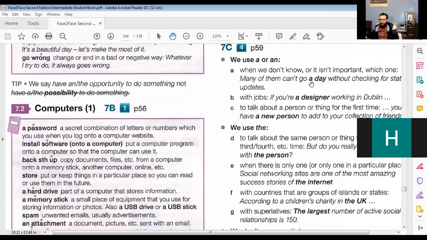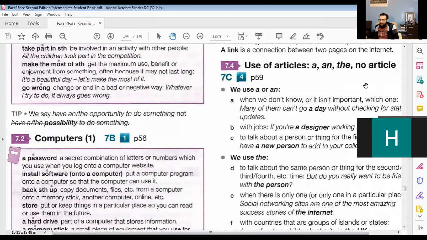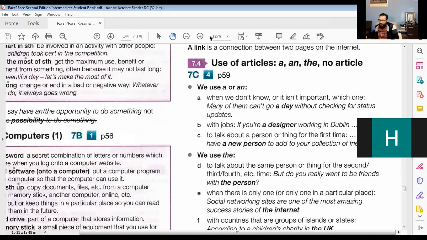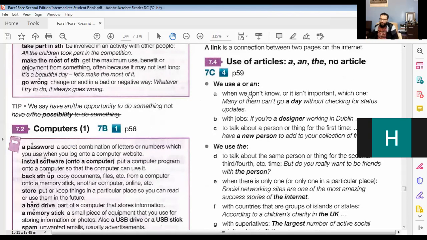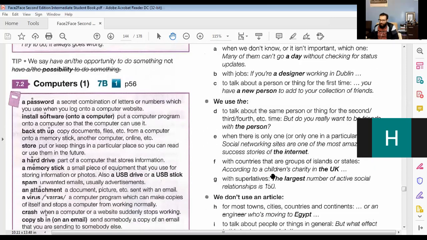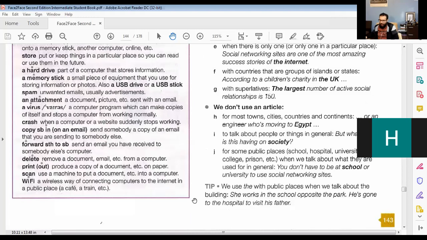This is what we were talking about. So here we just have the answers. مفيش حاجة جديدة. So we use an. I think I zoomed in too much. Okay, that's it. All right, just the answers. Nothing new, nothing new, nothing new. Okay, let's take a tip.